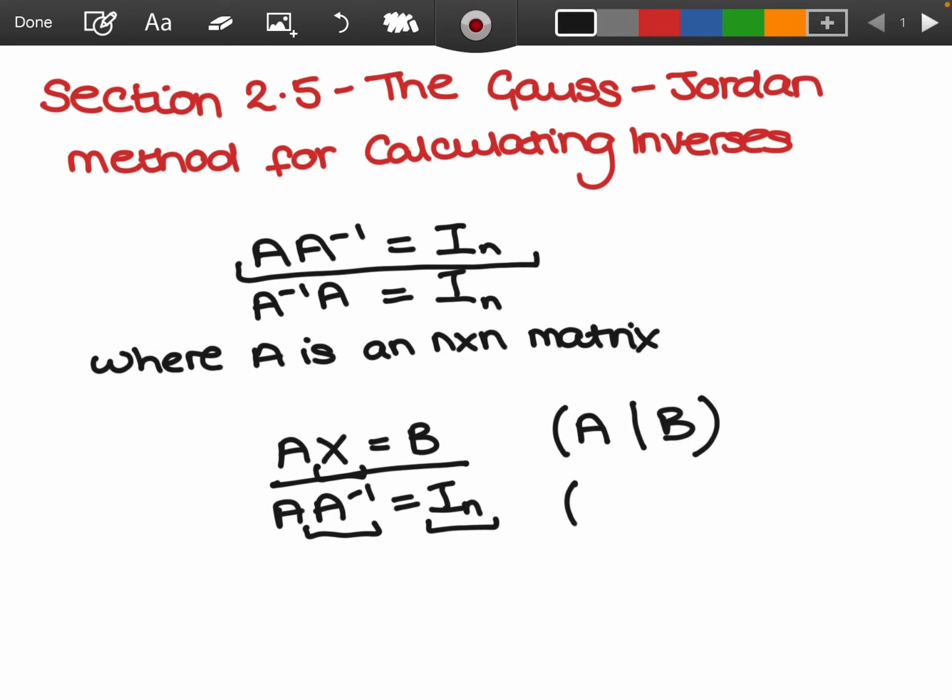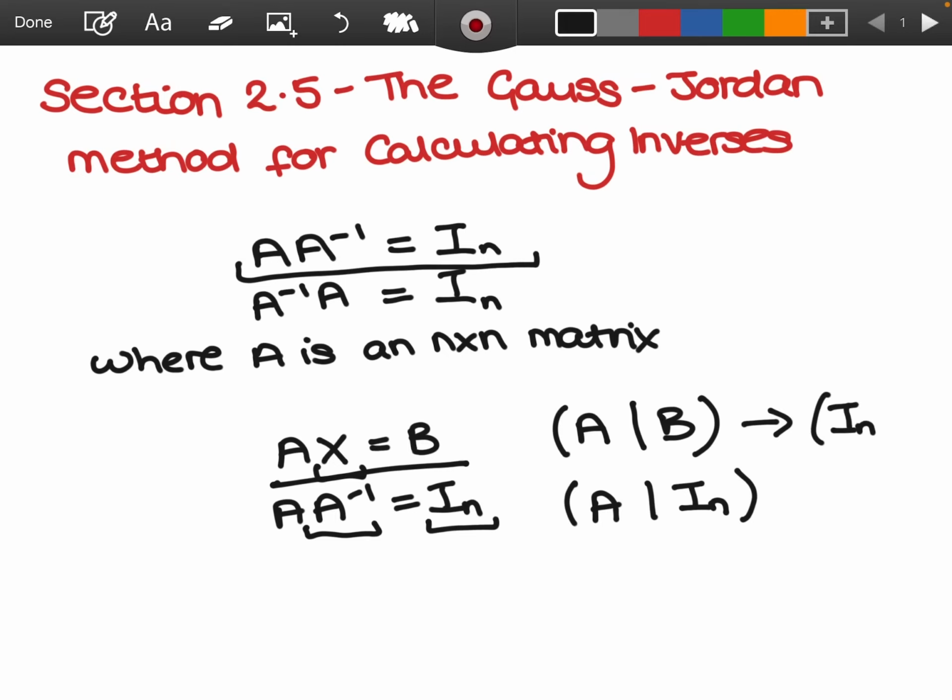Similar thing here. I'm going to put A on my left-hand side, and I'm going to put a whole other square matrix on the right-hand side, being the identity matrix. I'm going to do exactly the same thing as before, where again I'm going to try and get the identity matrix on the left.